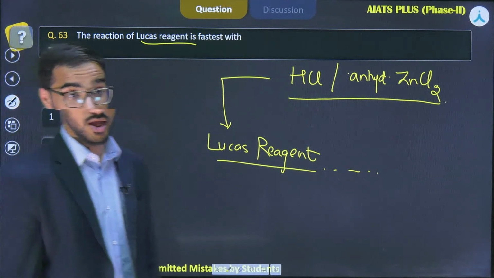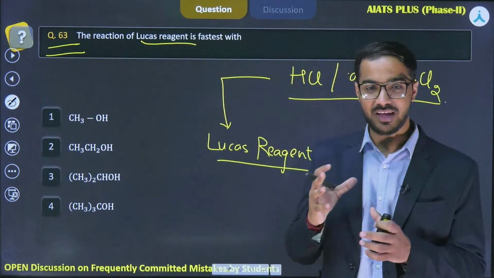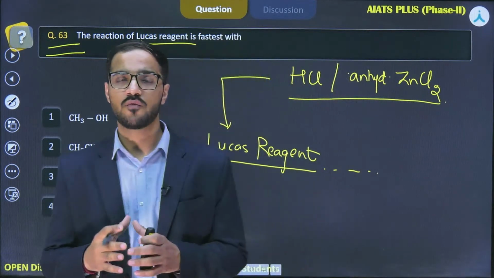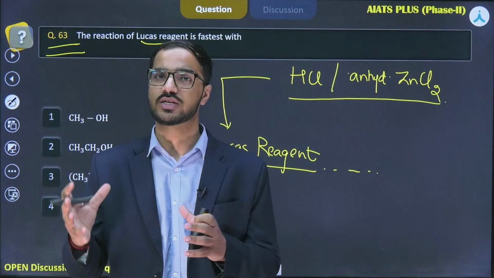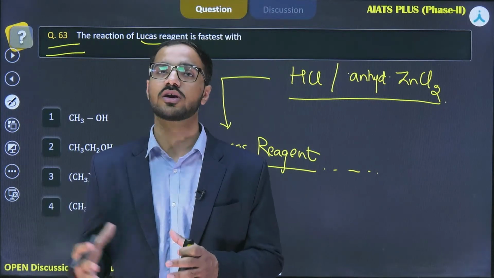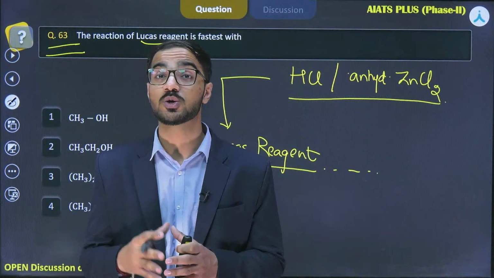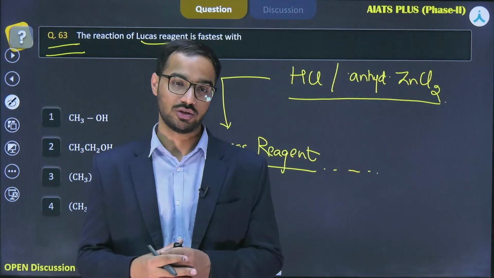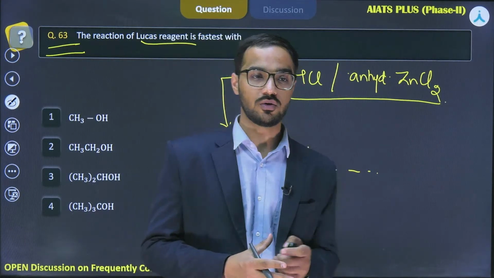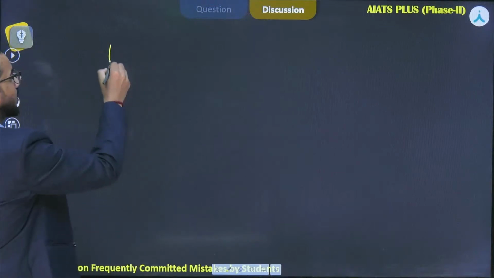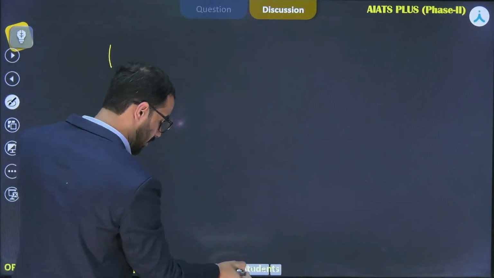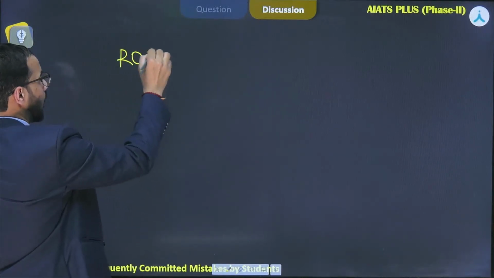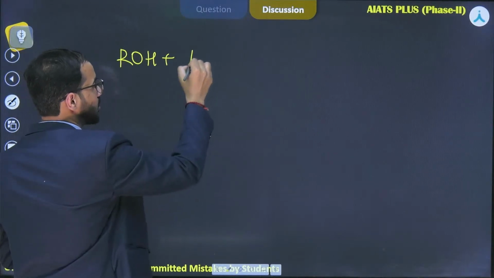There is a very special thing about the Lucas reagent: through this, we can find not only whether the compound has an alcoholic group or not, but also distinguish whether the alcohol is primary, secondary or tertiary. Let us say you have ROH in the presence of Lucas reagent.